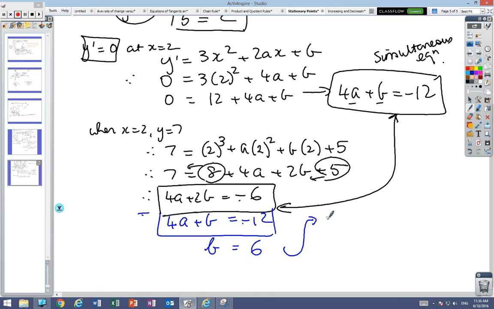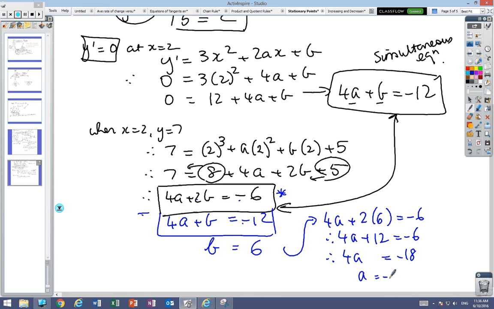Then to find a, we just use that first equation. 4a plus 12 equals minus 6. 4a equals minus 18. a equals minus 4.5. So unless I've made a mistake somewhere in my maths, a is a fraction. So we've got a equals minus 4.5, b equals 6, and c equals 5.